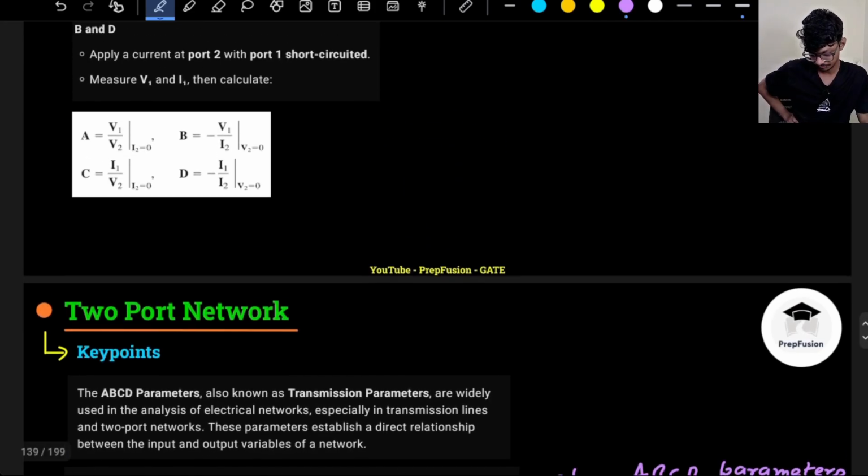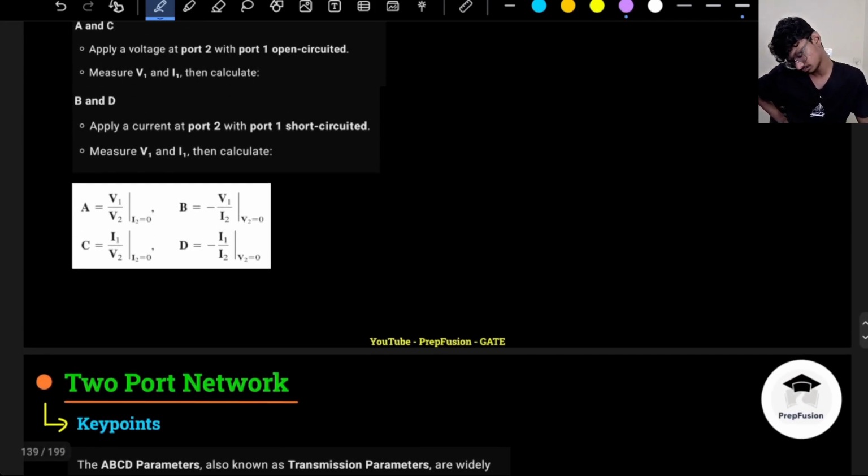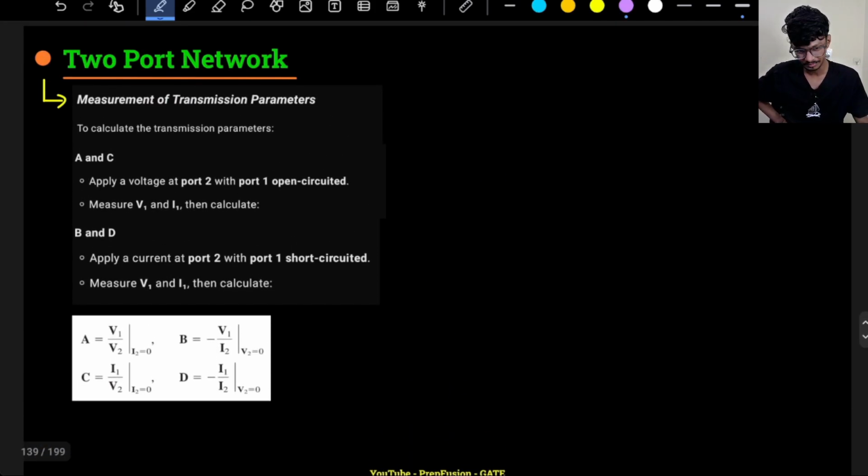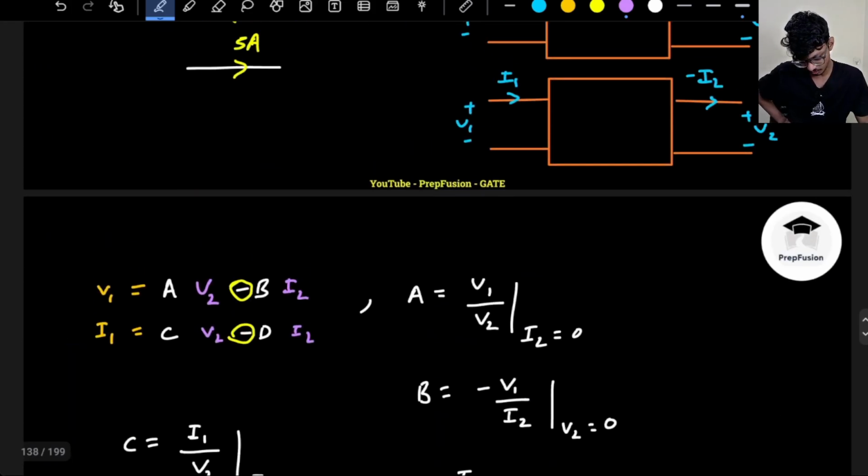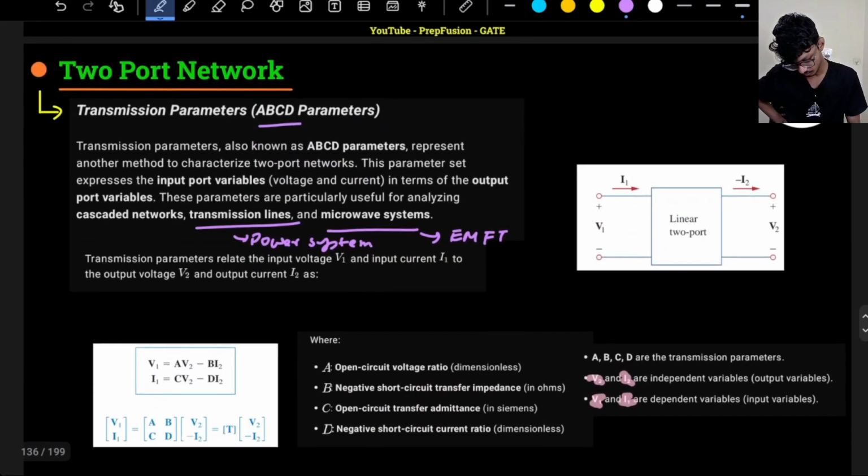We have already discussed how to measure it, and it's very simple. If I copy this network, how do I measure it?